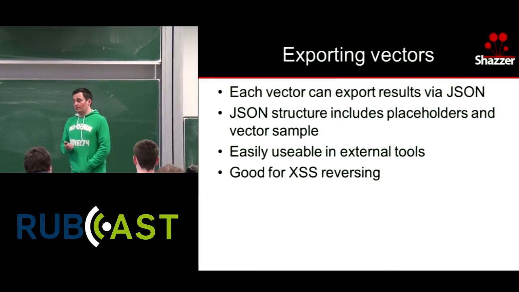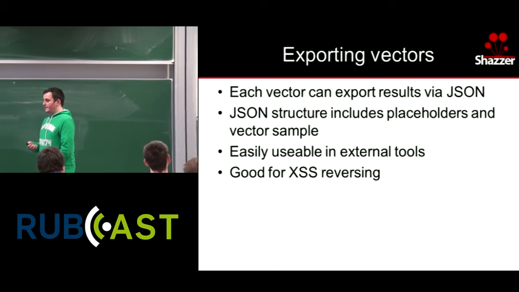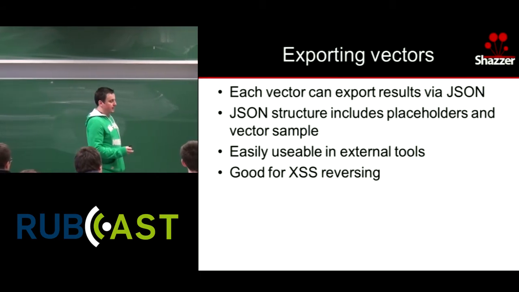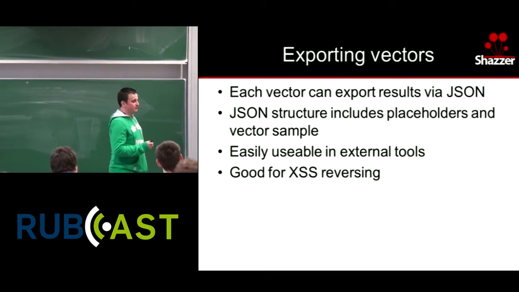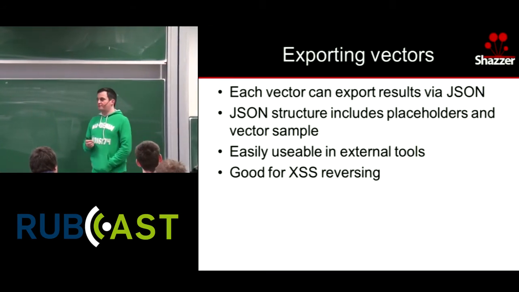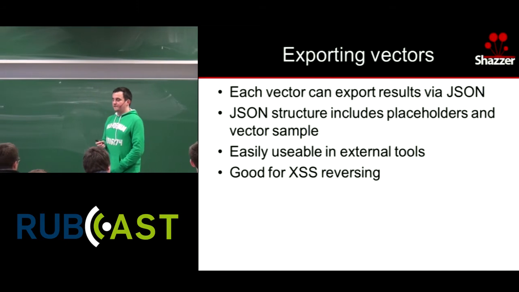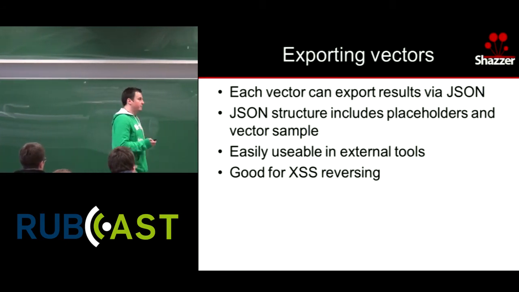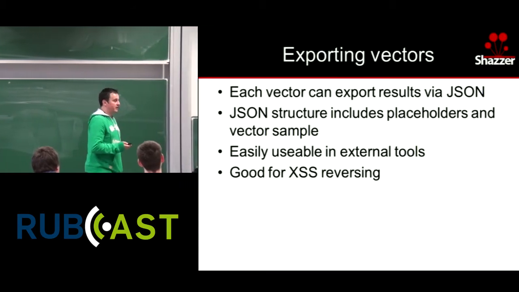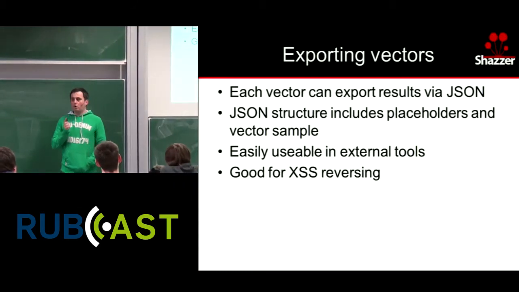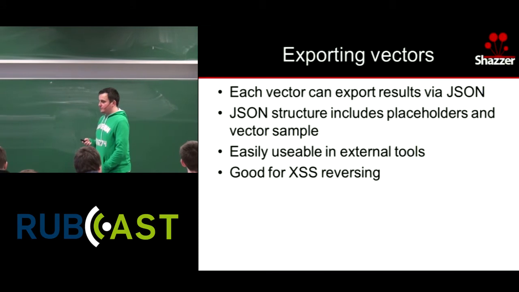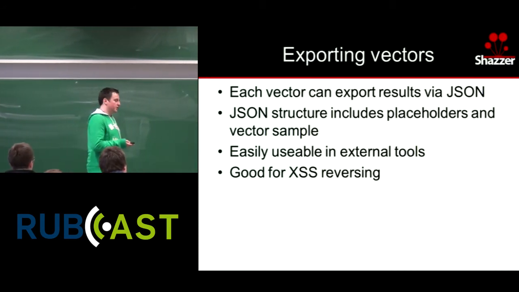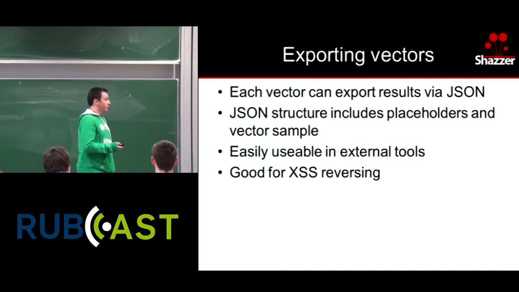In case you don't know what a reverser is, basically you just send a lot of data to a filter, inspect the result, and try and reverse the actual output of the filter to determine how it's filtering data. Now, if you can do that based on the knowledge you've gained in fuzzing, for example, what characters are allowed before an attribute, then you can use your XSS reverser to determine if this filter is good or not.